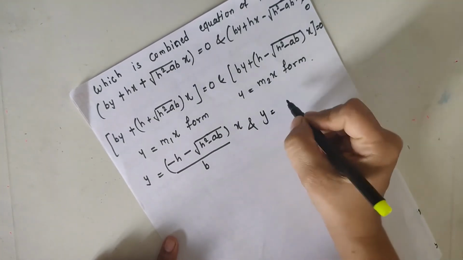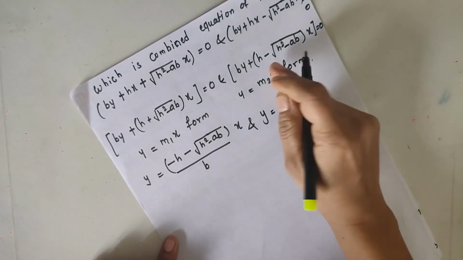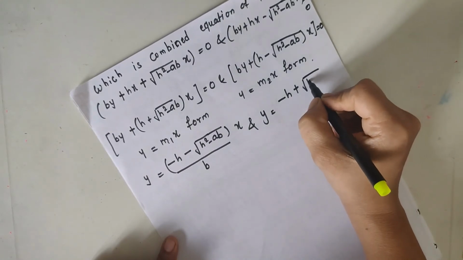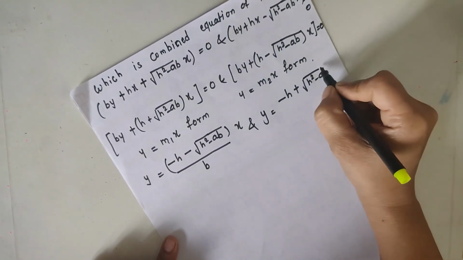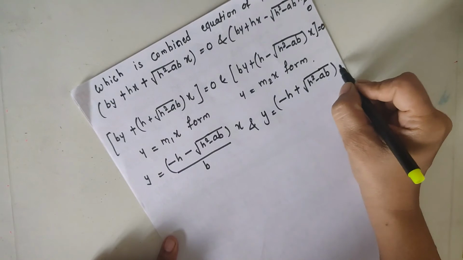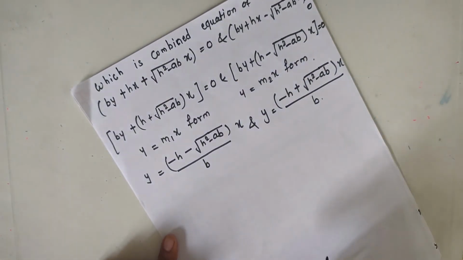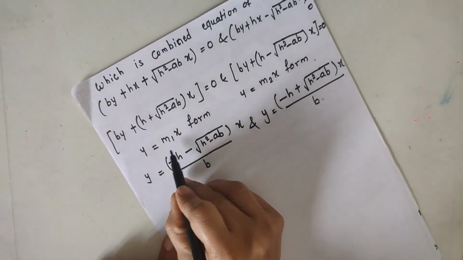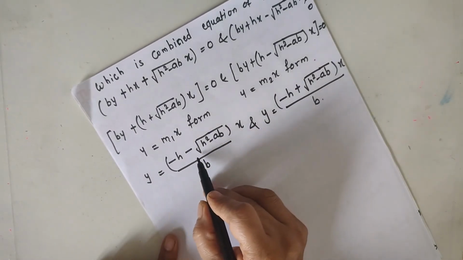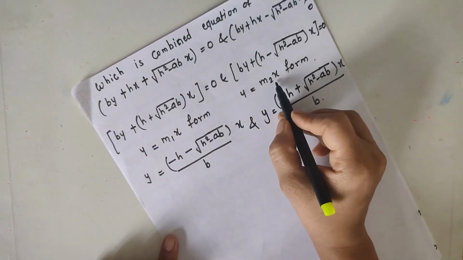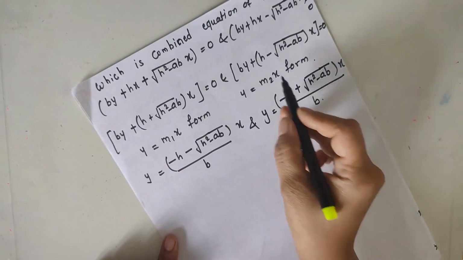So y is equal to minus (h plus under root of h square minus ab) into x divided by b, and in this case m1 is the slope of the first line, in this case m2 is the slope of the second line.